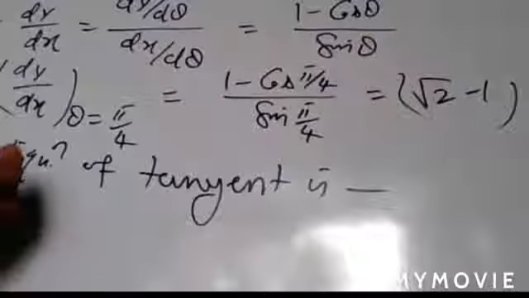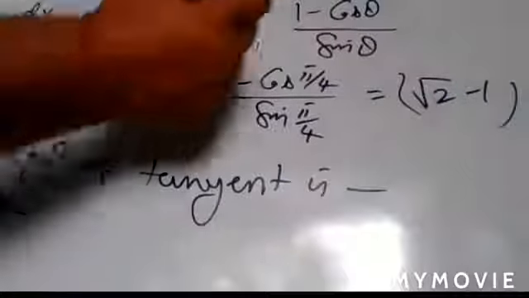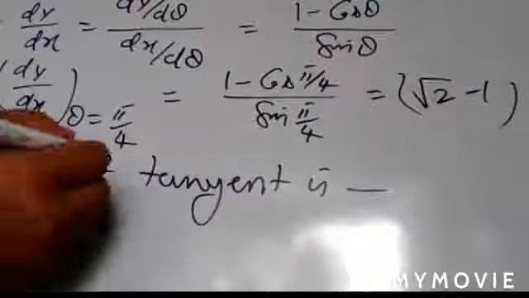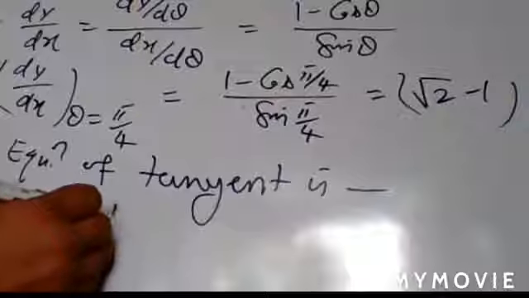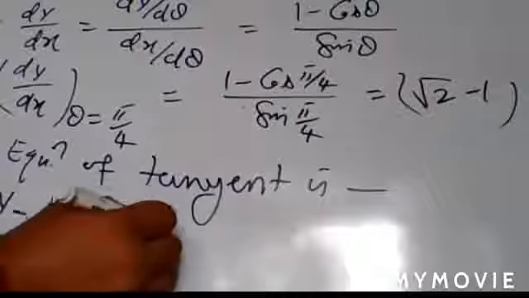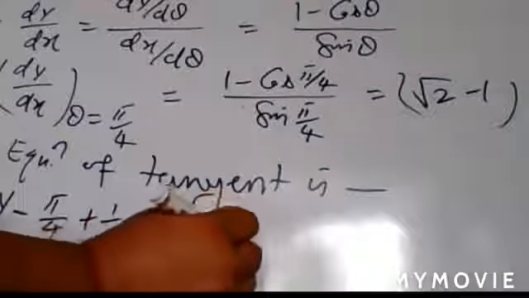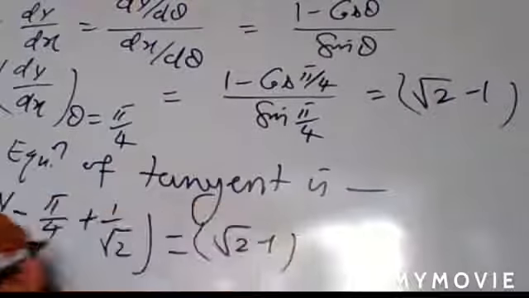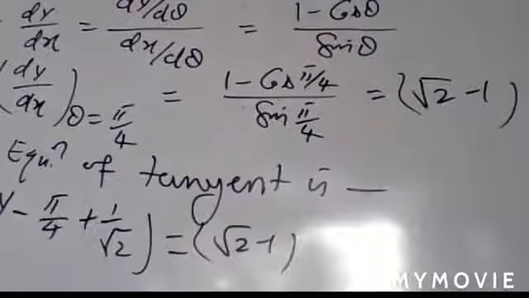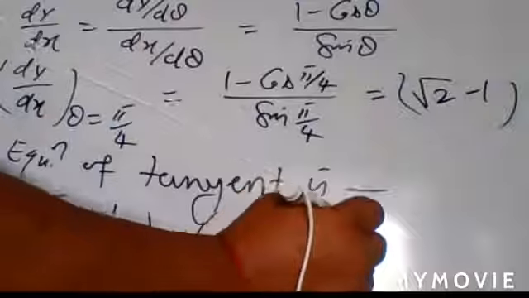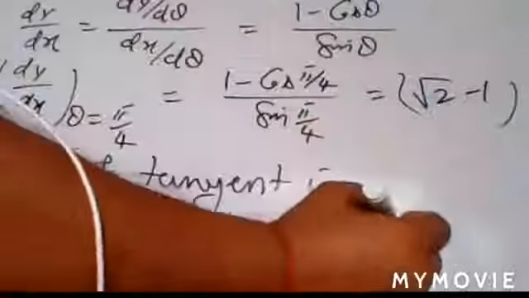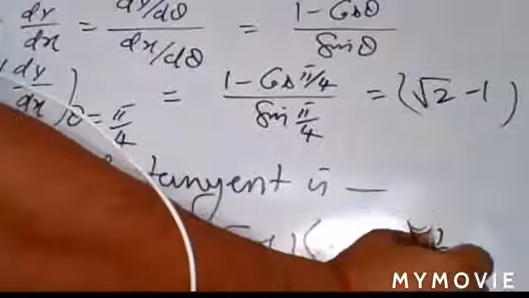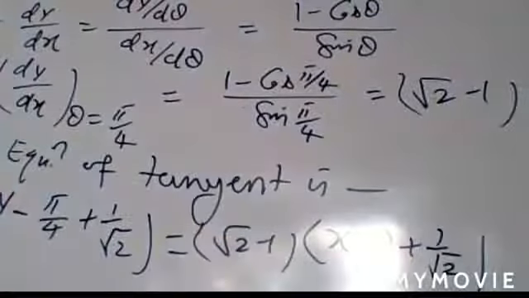y minus y1, the value of y1 is here pi by 4 minus 1 by root 2. So you put it there, y minus pi by 4 plus 1 by root 2 is equal to root 2 minus 1, which is dy by dx at the given point, times x minus x1. The value of x1 is 1 minus 1 by root 2.